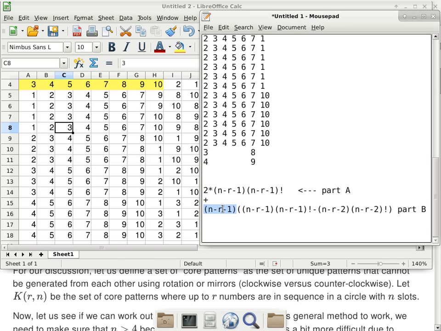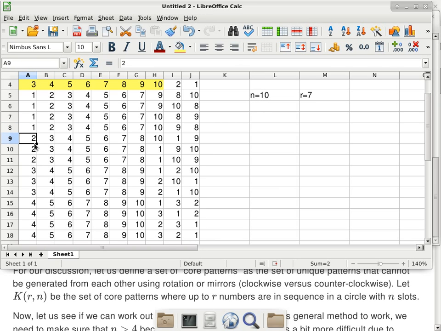Going back to the example, let's say r is equal to 7. That means there are 2, because when the sequence starts with a 2 and when the sequence starts with a 3, these are the ones that meet that requirement of having 2 constraints instead of 1.